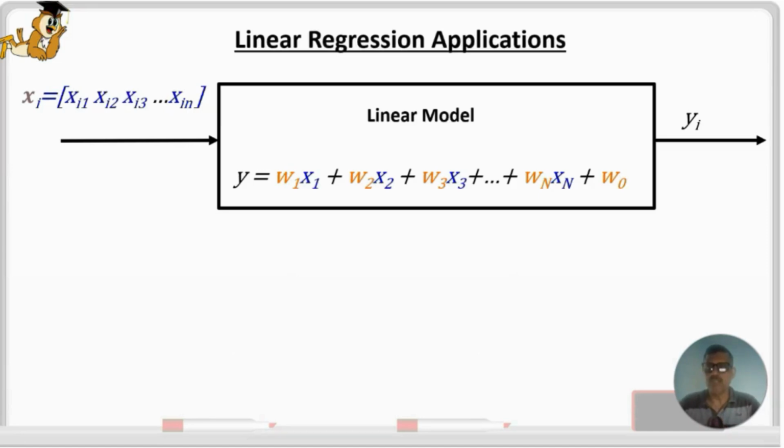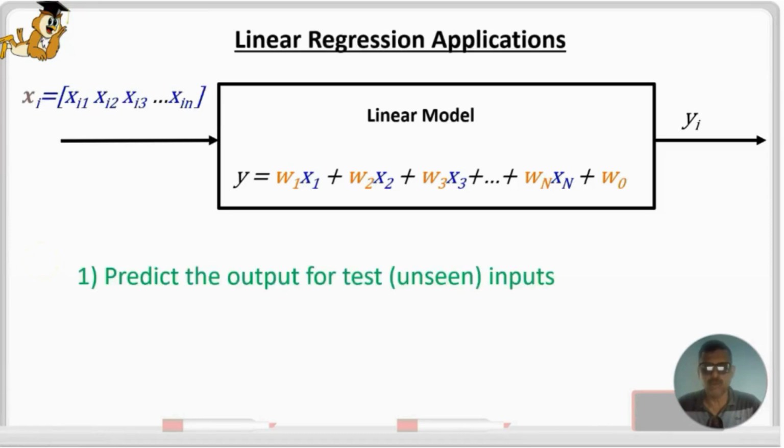Linear regression applications. Why do we employ linear regression? There are two answers, and the first is something that we've talked about: predict the output for unseen inputs. You create a linear model based on your training data, so that when confronted with a test input, an input that you have not seen previously, you can estimate what the output is likely to be.